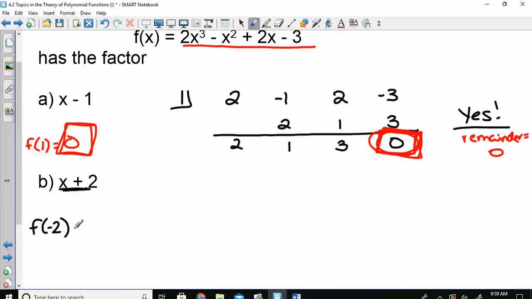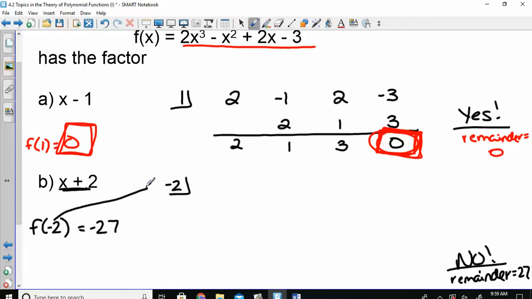What'd you get? Negative 27. So is this one a 0? No, because the remainder is 27. If you had done it with synthetic, you would do the negative 2 out in the box.